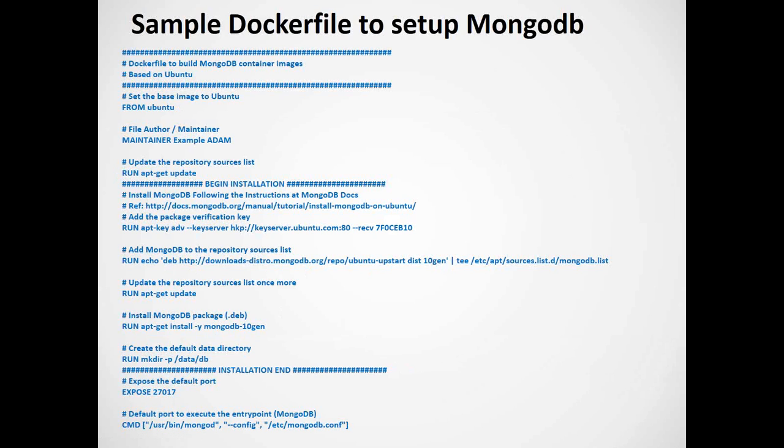And after that, if you call a container which has been created from this image, you want MongoDB to be running by default. So this is the command that we give in the CMD, so that while creating the container, if you do not give any command, it will take this and run it as the default one, so that the container will have MongoDB installed and it will be running inside it.